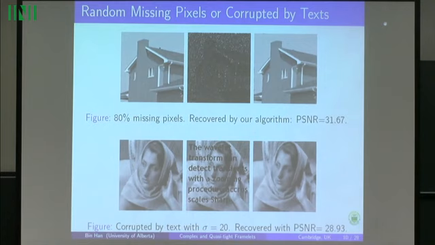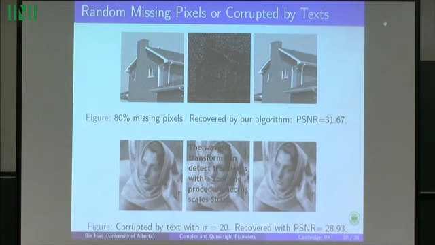And this is also another application, the so-called image inpainting. For this original image, you have a lot of pixels missing. For this one, I think 80% of the pixels are missing. You throw away 80% of the pixels randomly, and you can still reconstruct this image by using inpainting, even though you are missing 80% of the pixel data.